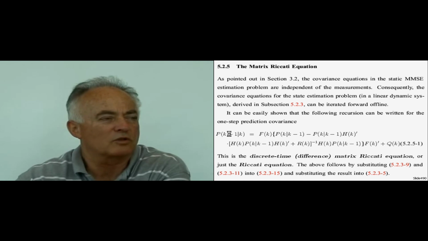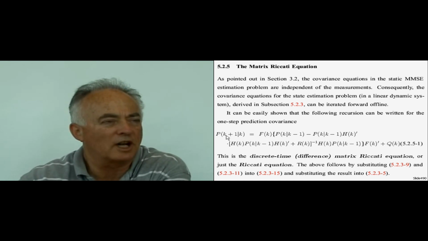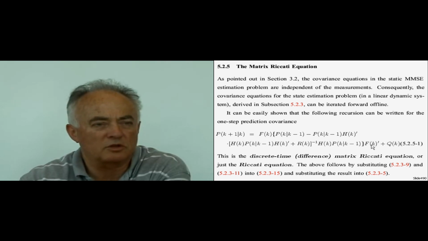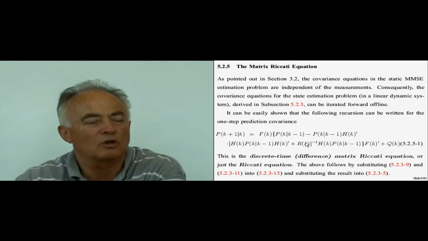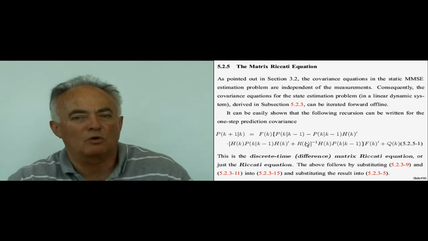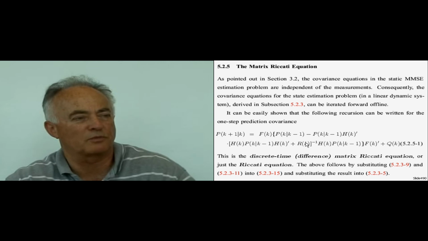This equation is well known as the Riccati equation, and it says that P(k+1|k) is F[P(k|k-1) minus P(k|k-1)H' times (HPH' plus R) inverse, remember this is the S, times HP]F' plus Q. So this is a prediction equation, FPF', this is an update equation, so we lump the update into the prediction and we go one step up in both arguments.